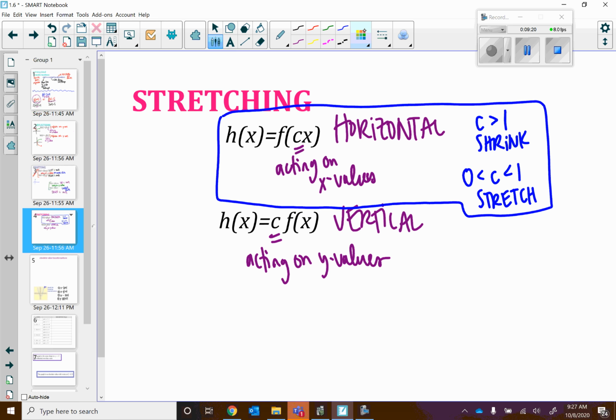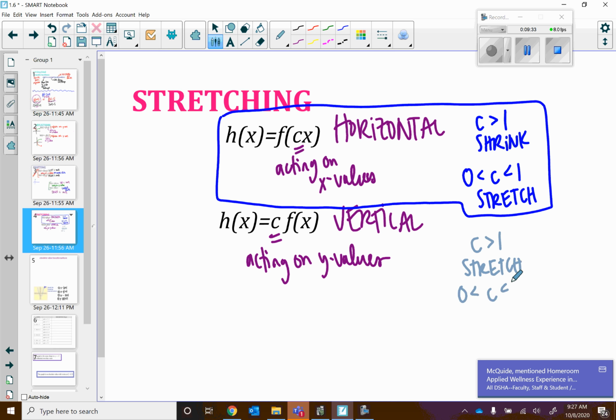Over on the vertical sides, if c is greater than 1, this is going to be what we'd expect. It's going to be a vertical stretch. And if c is between 0 and 1, it would be a vertical shrink, getting smaller.